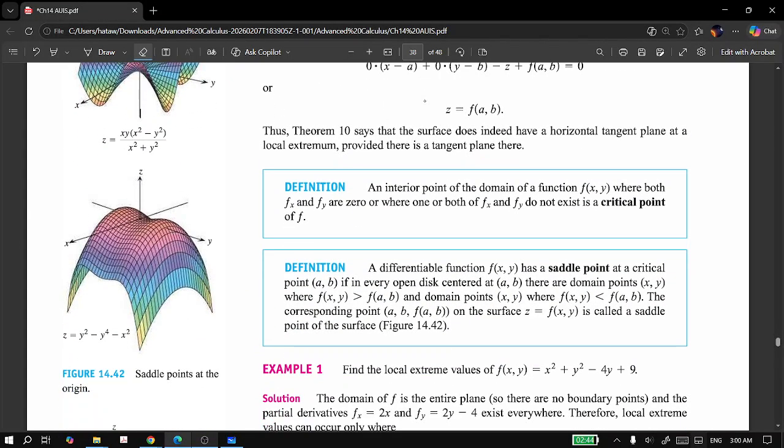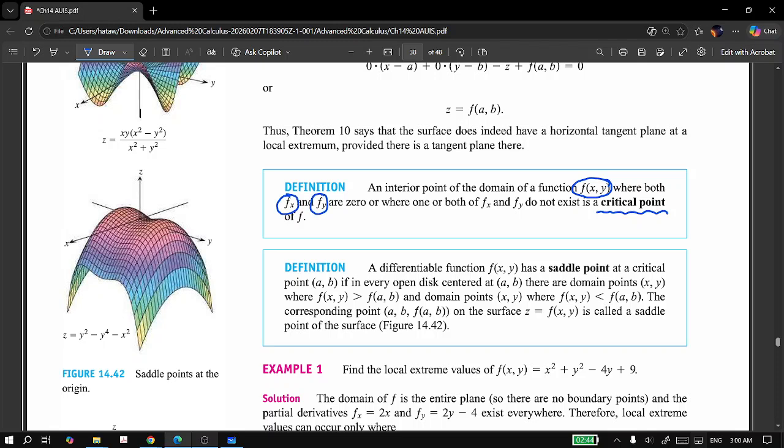We are coming to the definition of critical numbers or critical point, let's say. What is a critical point? The critical point that we are defining here is nothing more than what you have studied in Cal 1. So an interior point of the domain of the function. We have got a point in the domain of the function f of xy, and we know that f sub x and f sub y exist.